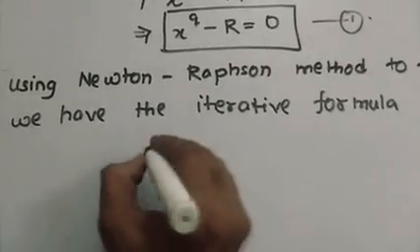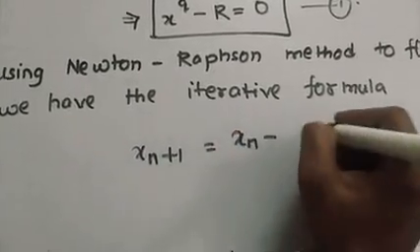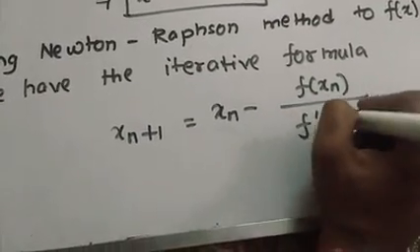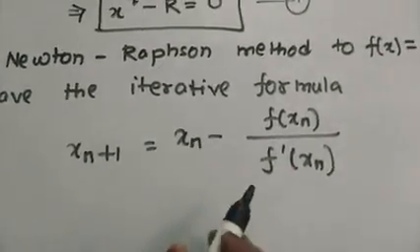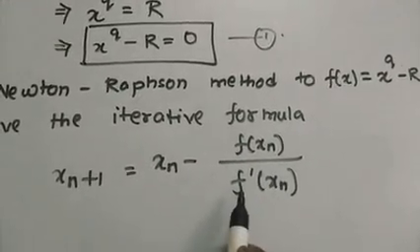Okay, so the formula was x n plus 1 equals xn minus f of xn by f dash of xn. So what are the things we require? First one, the function. We got the function. Second one, the derivative of the function.